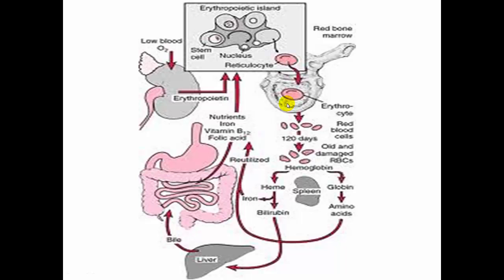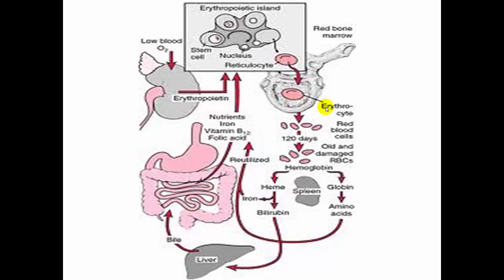Mostly in flat bones, say the sternum. This is showing a bone of the vertebrae. Long bones, such as the femur. Other flat bones would be like the iliac crest, the pelvic bones.